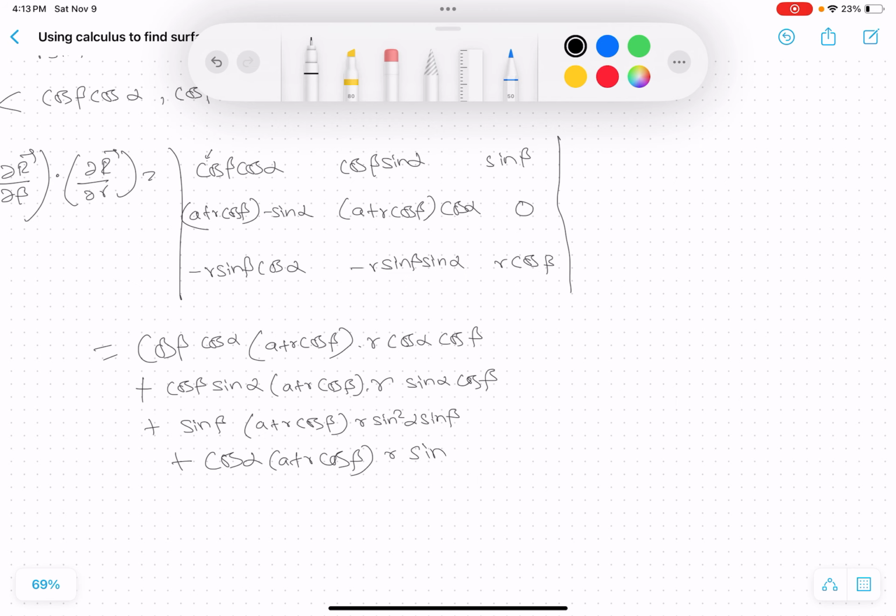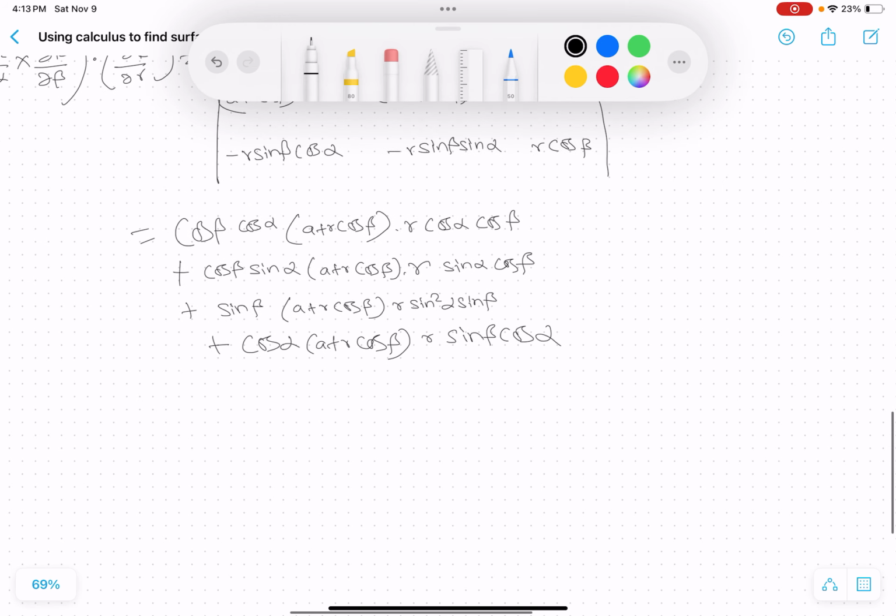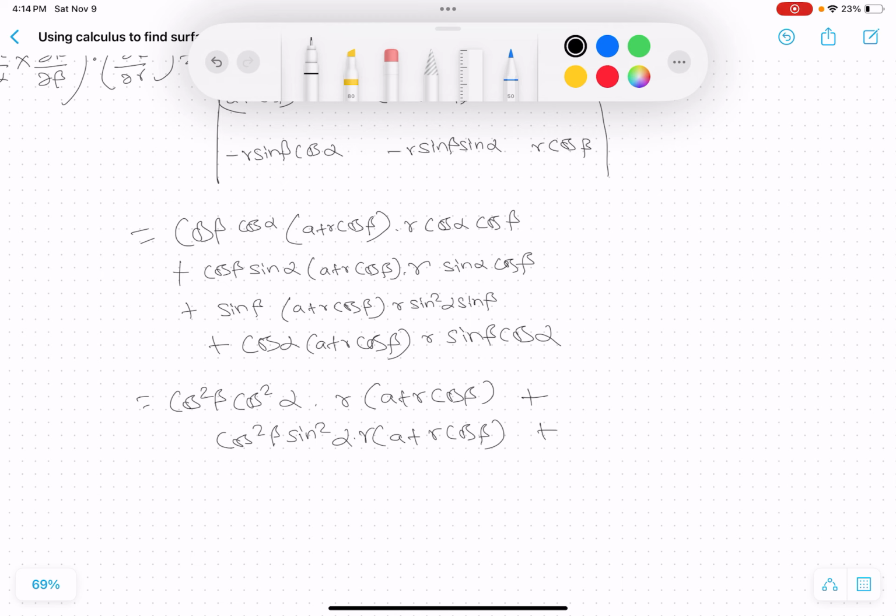Now if we add this, you can notice that there's this cos square beta cos square alpha times r times a plus r cos beta, plus cos square beta sine square alpha times a plus r cos beta times r, plus there's again, if over here you just see, this is sine square alpha sine square beta times a plus r cos beta times r, plus, now over here it's cos square alpha.